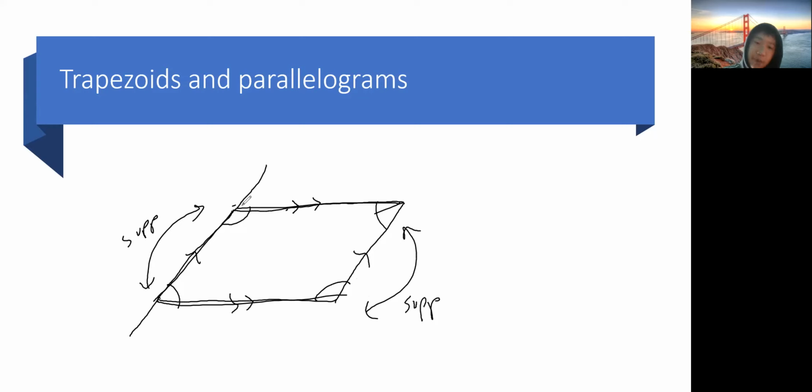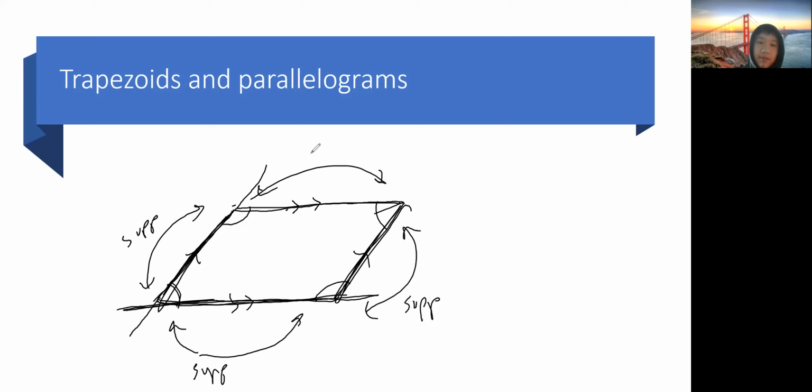But if we look at the other parallel sides here, these 2 lines are parallel, which means this can also be a transversal, which means that these 2 angles are supplementary. So in a parallelogram, adjacent angles, which means the angles that are next to each other, are going to be supplementary.